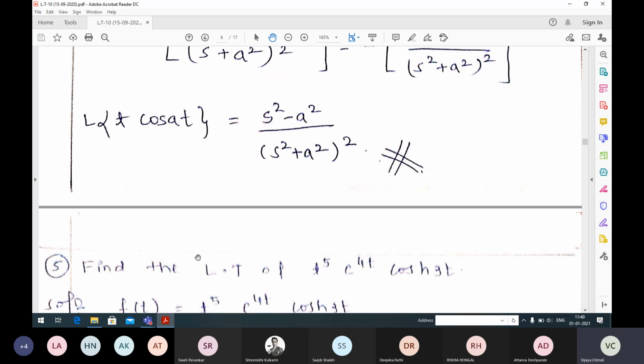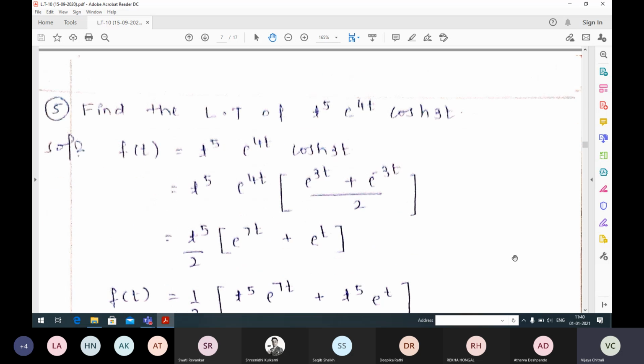Now move on to the next example. Find the Laplace transform of t raised to 5 e raised to 4t cos hyperbolic 3t. It is a product of three functions: hyperbolic functions, exponential, and t raised to 5, which is like a polynomial.